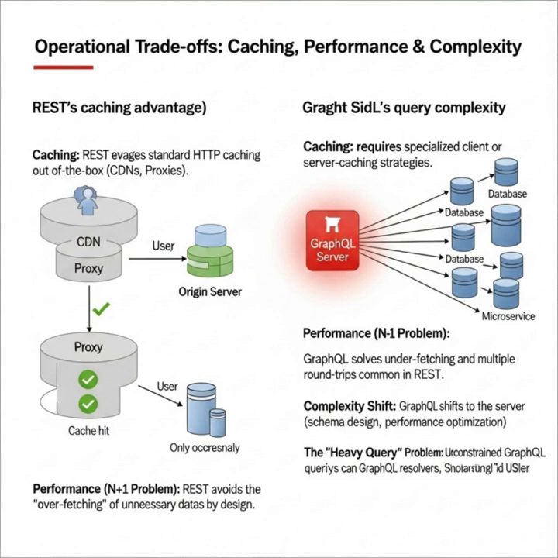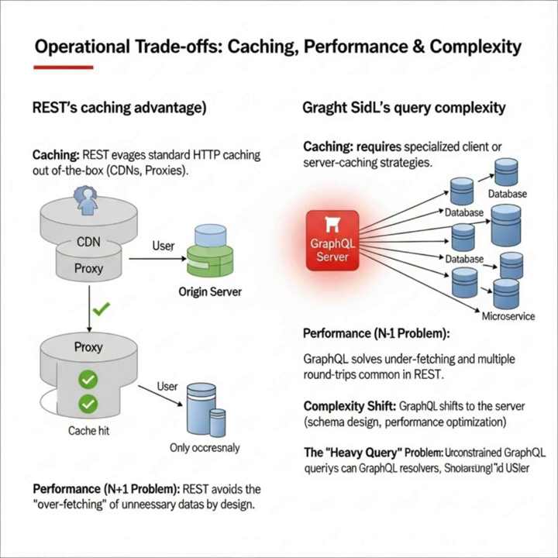queries. Next, performance. REST can lead to the infamous N+1 problem, where fetching a list and its children requires one initial query plus N subsequent queries. GraphQL elegantly solves this by fetching all nested data in a single round trip, a massive advantage for mobile clients on latent networks. But this power comes with a warning.